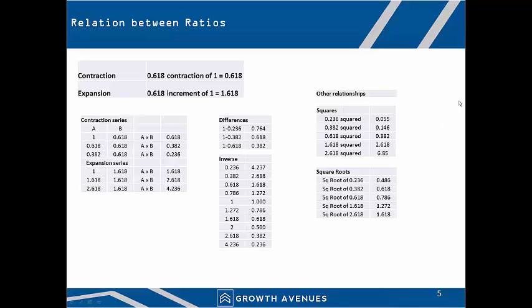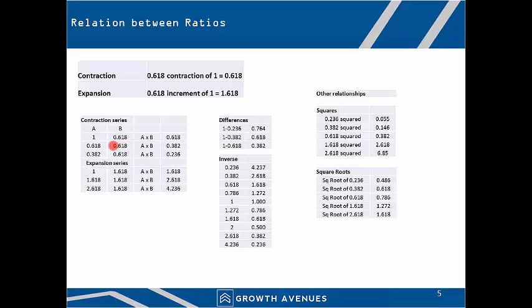Now if you take this new number and plonk it into A and then try to contract this, and if 0.618 is our contraction ratio, then if you contract 0.618 by 0.618, what you will essentially have to do is multiply A by B, and what do you get? You get 0.382.